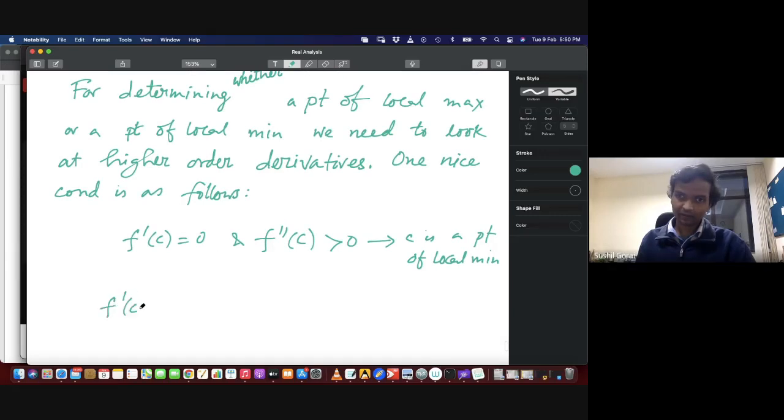And f prime c is 0 and f double prime c less than 0 implies c is a point of local max.